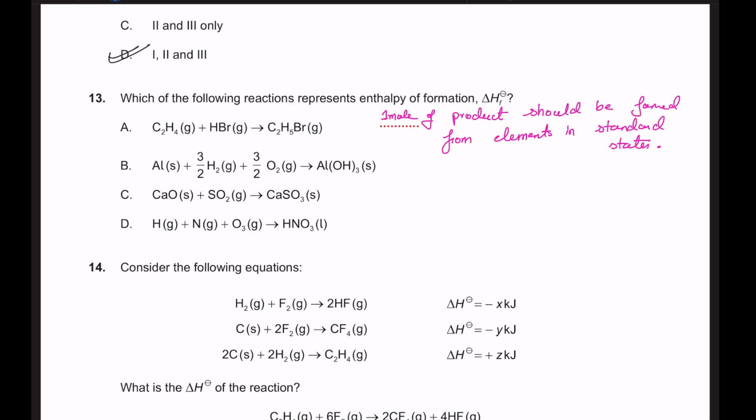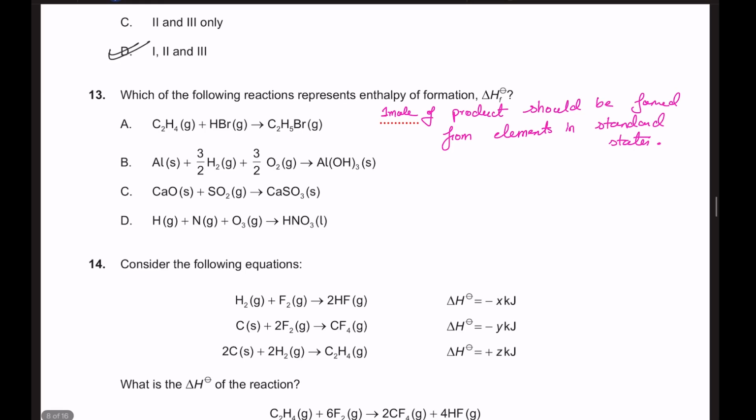Now here, if you look at the product side, all of them are 1 mole. So you have to check for elements where they're in standard states. Standard states are H2, Cl2, Br2, O2, N2, like that. It should be the singular element. The molecule should just have 1 type of atom. Okay, so here C2H4 plus HBr is not in standard state, so this is wrong.